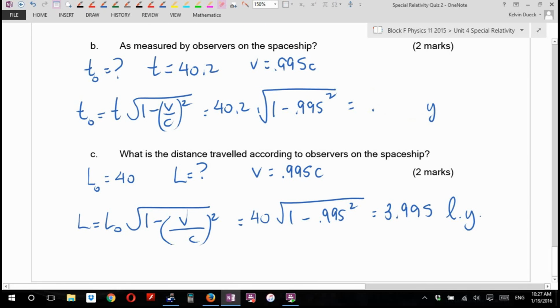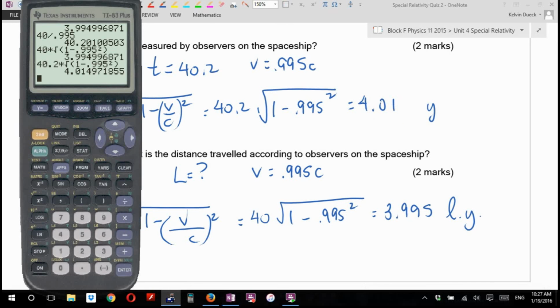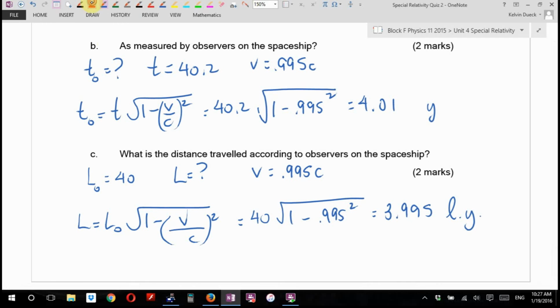Is that right? 4.01 years. 4.015, if you really want to be that fussy. 4.01 years. And so to them, the trip not only seems shorter because of time, it seems shorter because distance is shorter. Half mark, 1 mark, half mark.